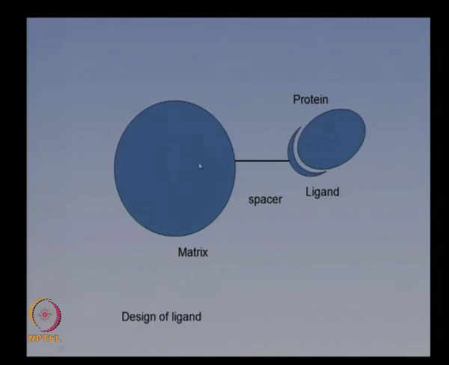So we have a matrix, we have the ligand, and the protein which is complementary exactly matches in shape and size the ligand, so the protein gets bound here. You also have something called a spacer arm, so that the ligand is not very close to the matrix.